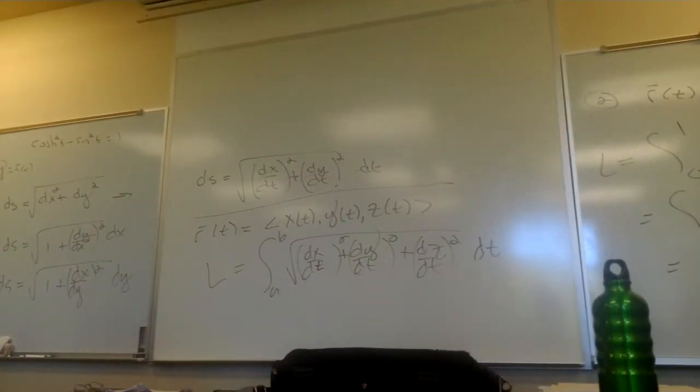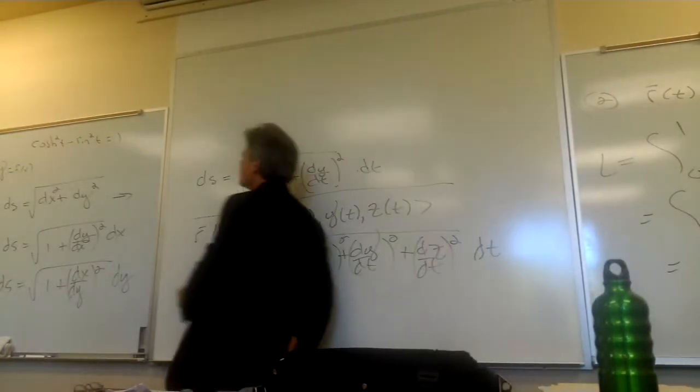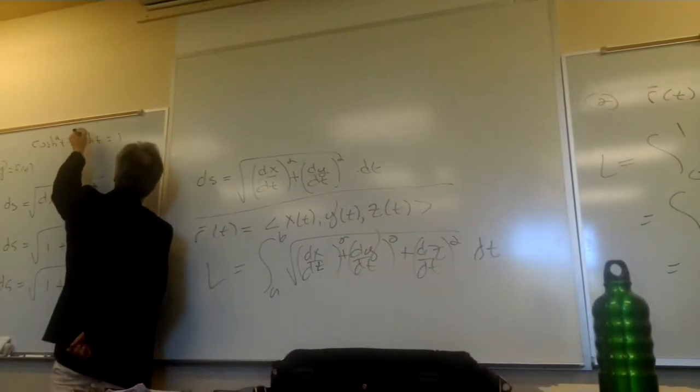So isn't it sine hyperbolic t, not just sine of the square root of t? Oh, sorry, I didn't put the h in, my apologies. Yeah, you know I'm talking about hyperbolics.